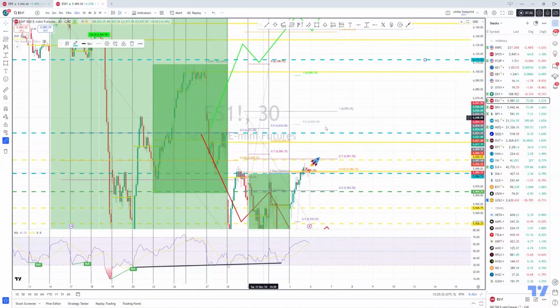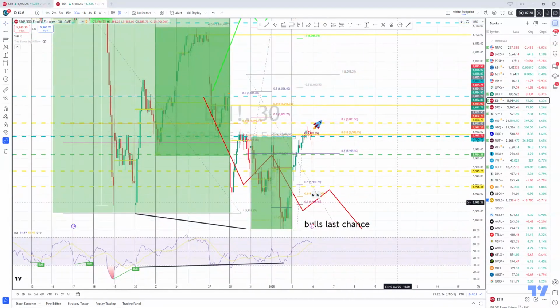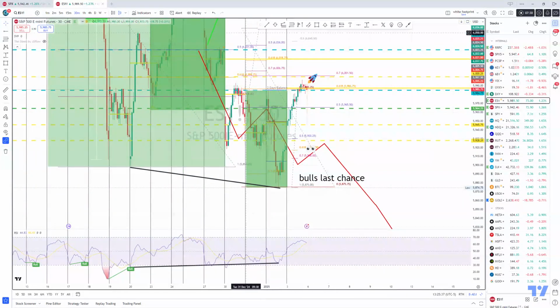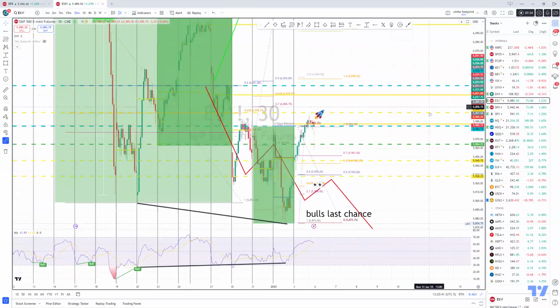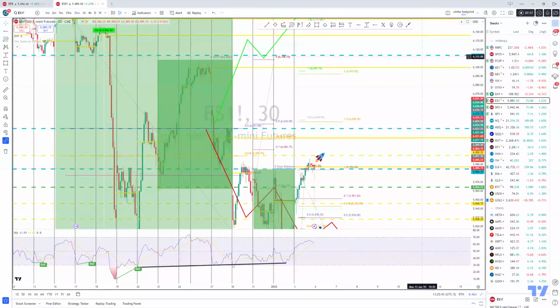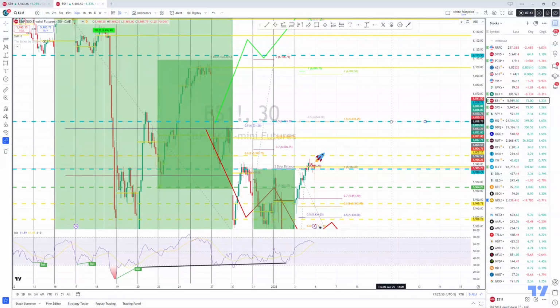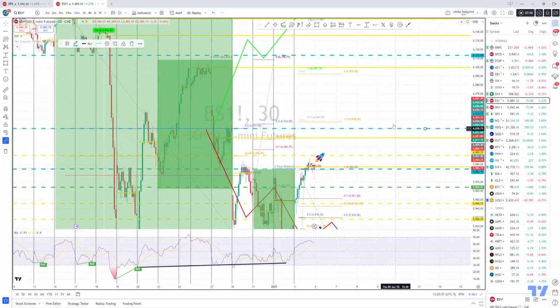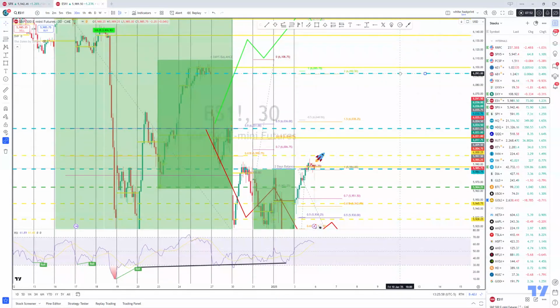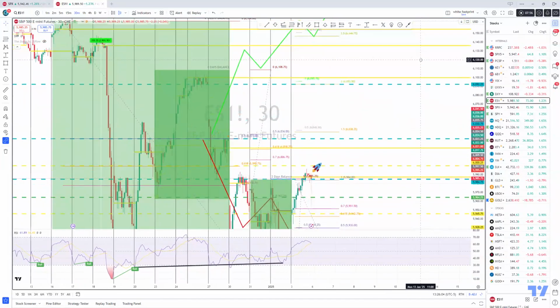But if you measure this balance zone area here, we can look for extensions. We got target number one, which is the top, target number two. Normally we go right here, but I'm going to aim for this POC here. I'm going to put it at 31. Target number three, we're going to put it here at the 100% extension of the balance.